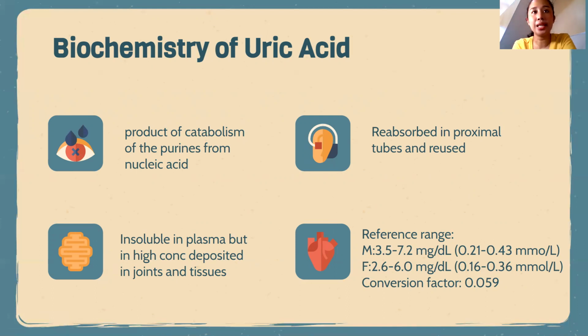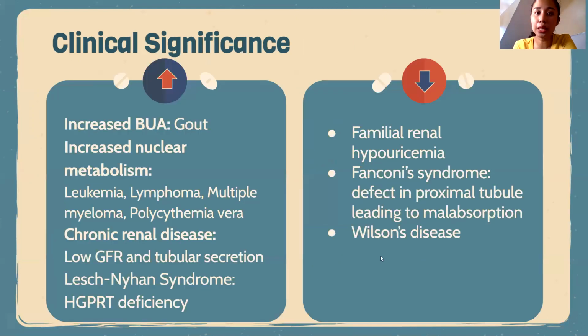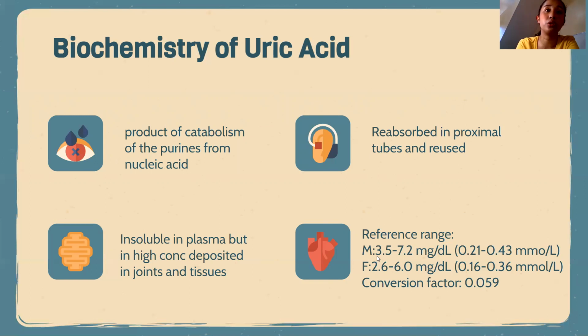Uric acid is reabsorbed in the proximal tubules of the kidney and reused. So uric acid is not really a reliable test for kidney function. Urea and BUN are more reliable. Here are your reference ranges, and your conversion factor is 0.059.